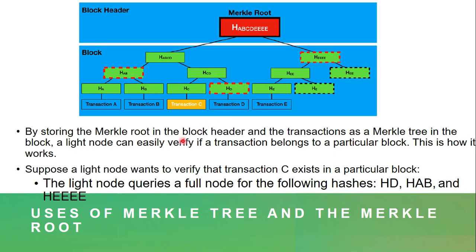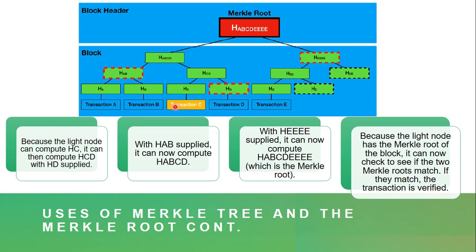Now, what will happen? The light node can compute HC, and it can then compute HCD, because HD it already got. With HAB supplied, it can compute HABCD.